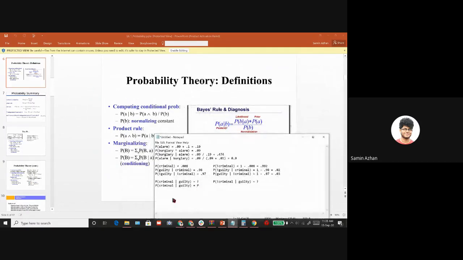If my A is criminal and B is guilty, my probability of B given A is the probability of guilty given criminal. Just this value right here.